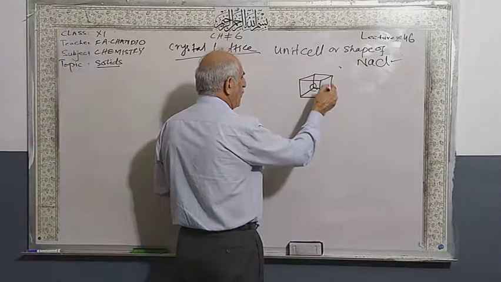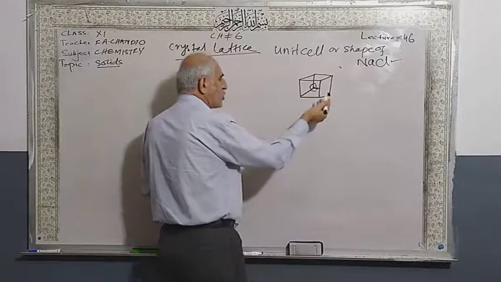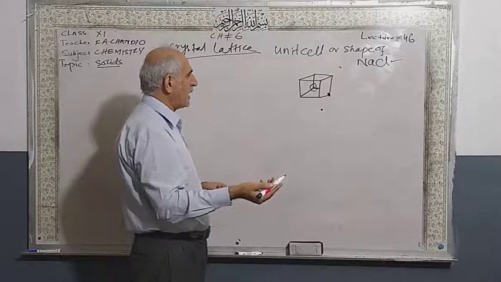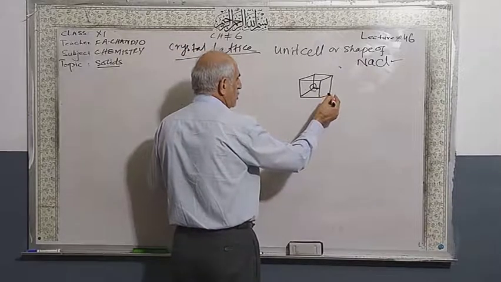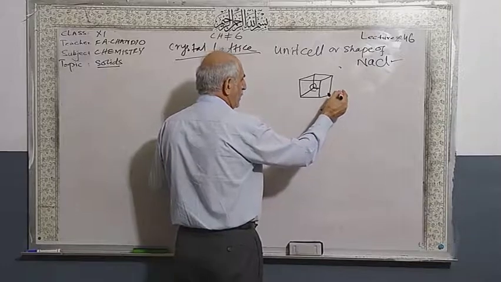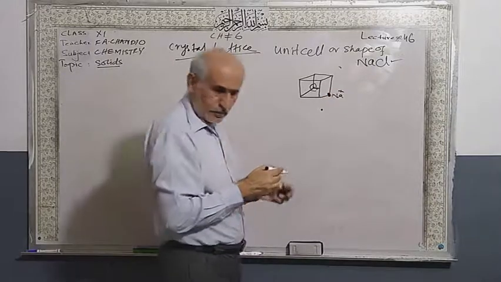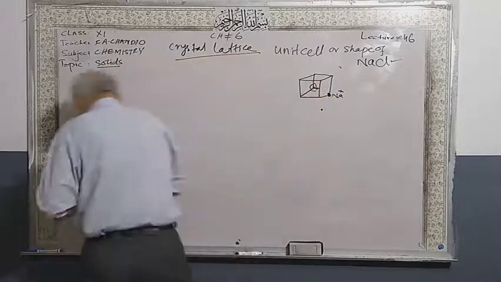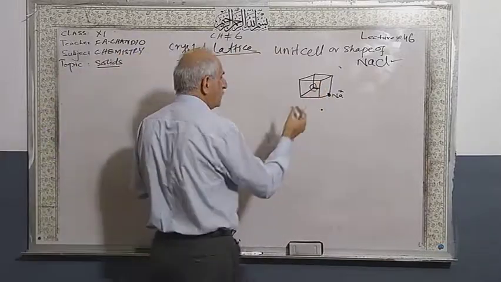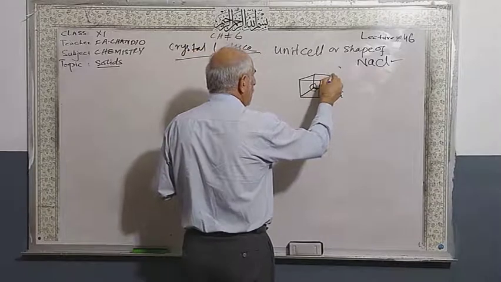These are the lattice points. They show cations and anions. So suppose this is the sodium ion and this is the chloride ion.